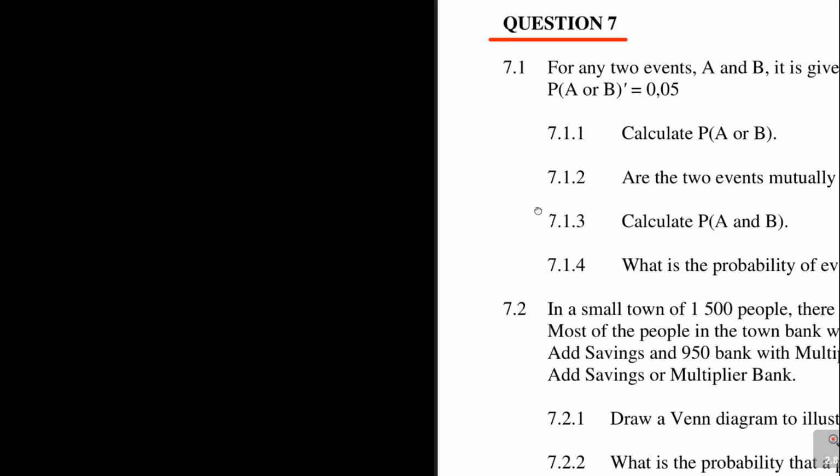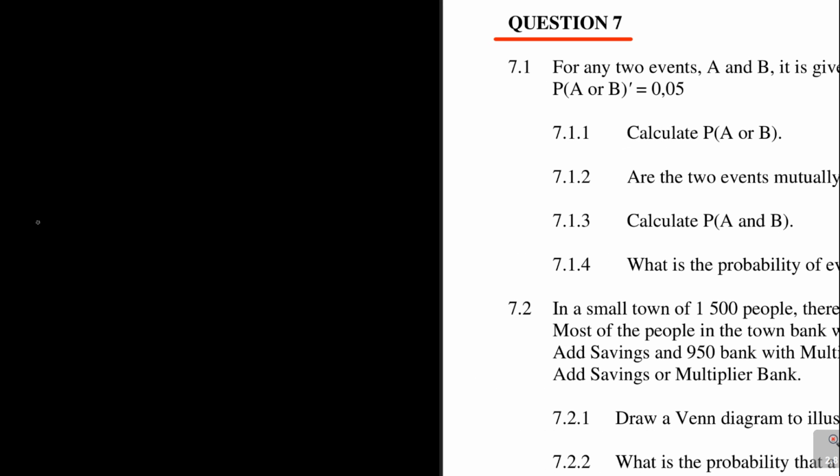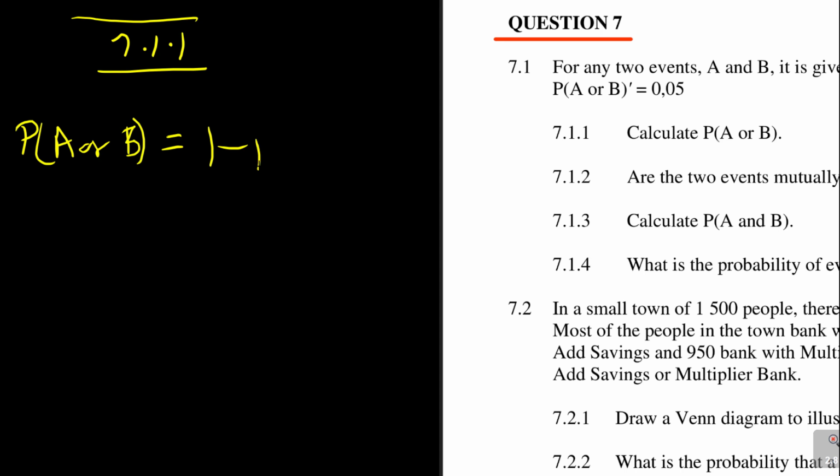So this one was simpler. 7.1.1: probability of A or B happening is equal to 1 minus probability of A or B not happening, which is equal to 1 minus 0.05.